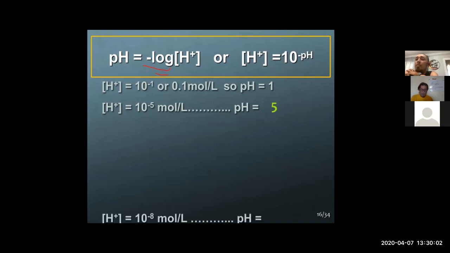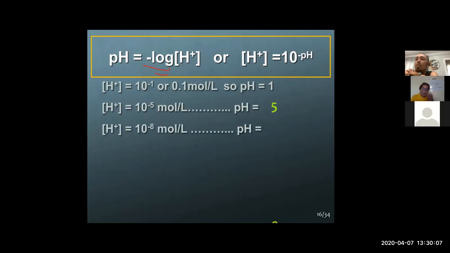Pretty straightforward with these numbers. Something with a concentration of 10 to the negative 8 has a pH of 8, making it alkaline. 5 is acidic, weakly acidic. Something with a concentration of 10 to the negative 3 has a pH of 3, an acidic solution.